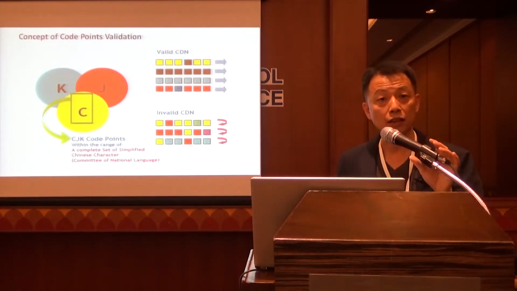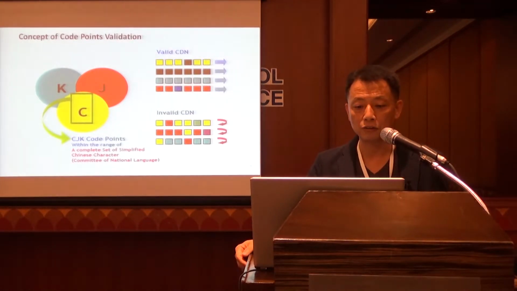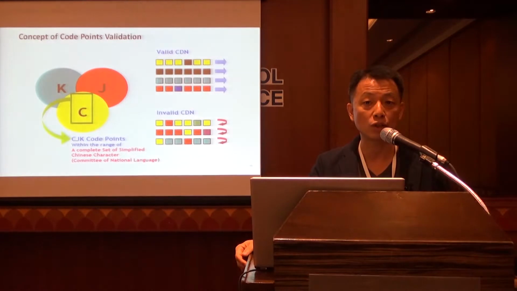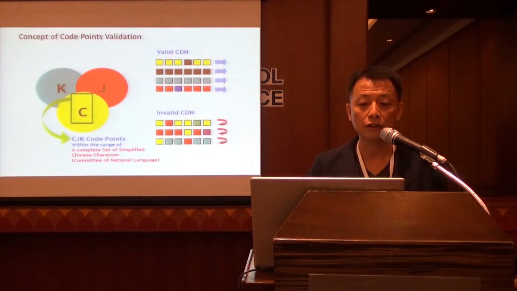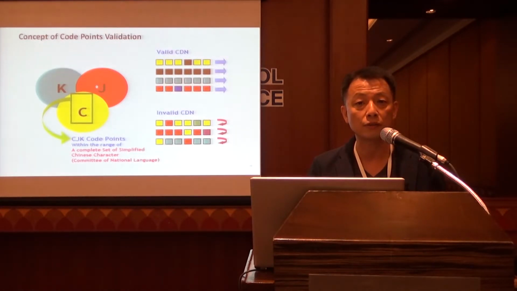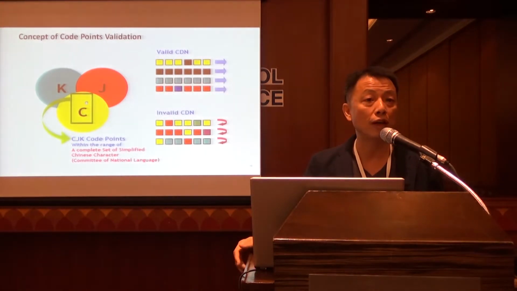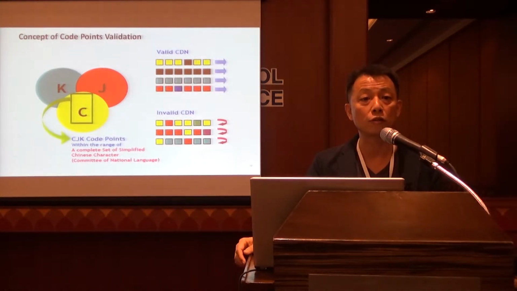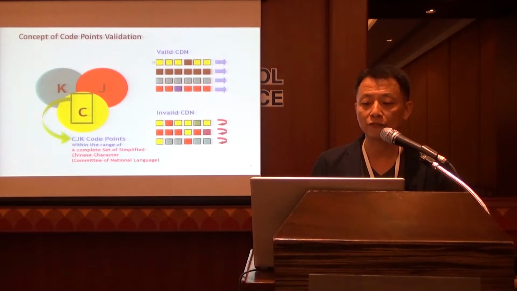Okay, that's another example of how to introduce that kind of validation method. For example, you have CJK, Chinese, Korean, and Japanese, in different colors. Blue stands for Korean script, red stands for Japanese script, and yellow stands for Chinese script. Once you enter the whole stream as a domain name, you can go through that validation method.